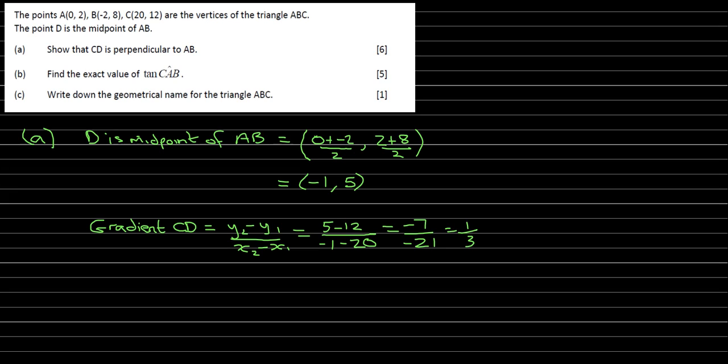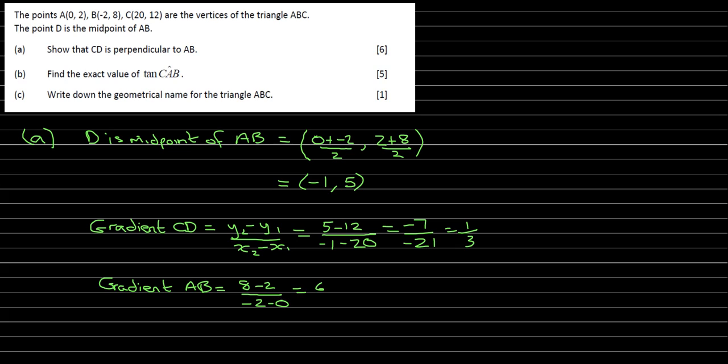The other gradient that we need is the gradient of AB. So that's going to be 8 take away 2 over minus 2 minus 0.